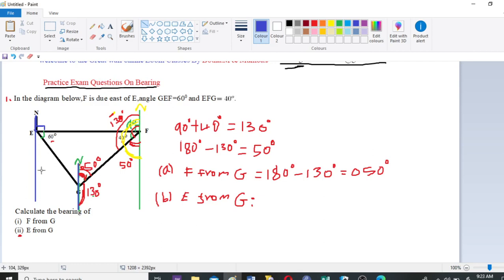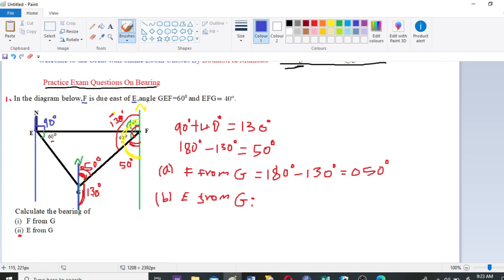Now this part, remember you are taught to say F was due east of E. So that tells you that even here you have 90 degrees, isn't it?